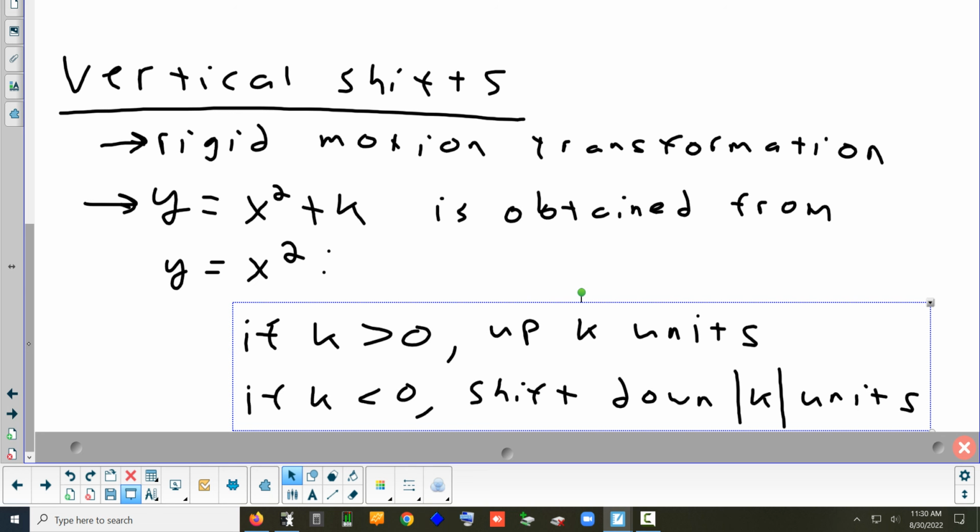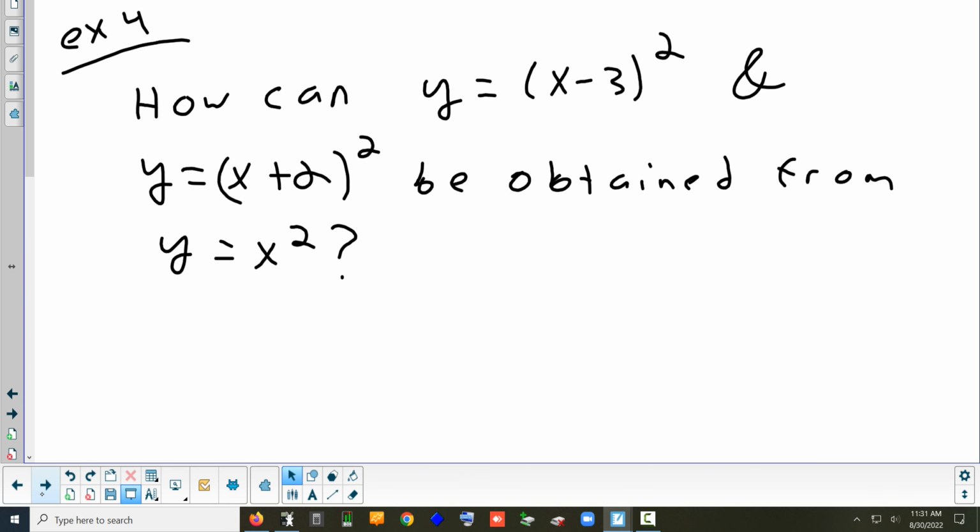An opening parenthesis, then x squared, then a plus or negative, and then a closing one. So it is going to have the adding or subtracting in the parentheses. The square is still outside. If you did something like that, that will cause a shift left or right. Adding and subtracting is always a shift.